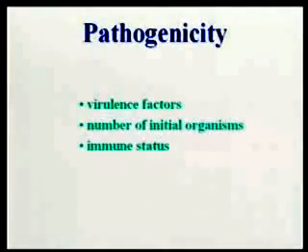Pathogenicity. All right, first of all, individual strains within a species or a whole species in some instances may have particular virulence factors. So we need to know not just what these factors are, but to understand how they relate to a particular disease. Some organisms require very few organisms, and some diseases require many.